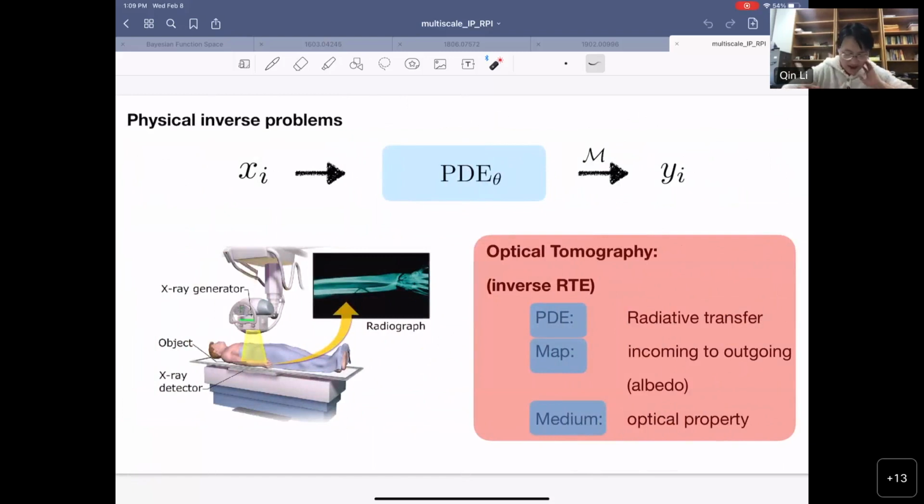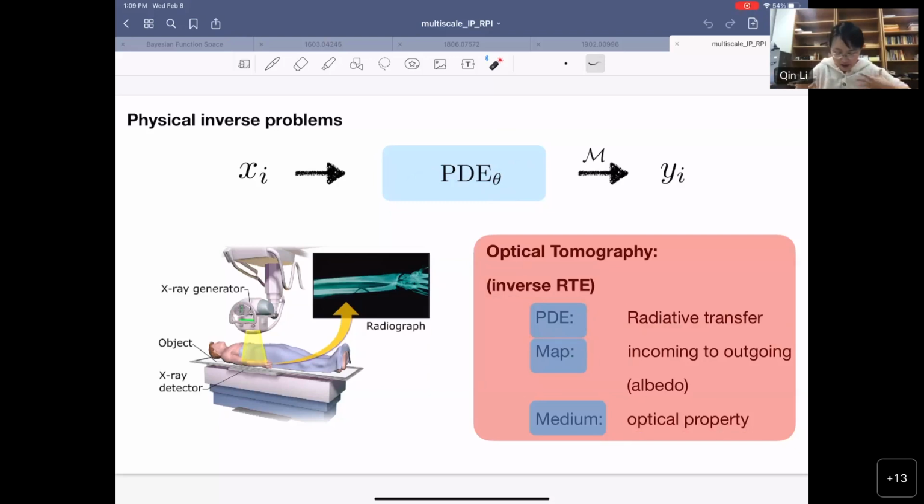Okay, so the second inverse problem is called optical tomography, and the mathematical version for it is the inverse radiative transfer equation. So the underlying PDE or the forward model is a radiative transfer equation. This unknown parameter theta is the optical property. Usually it's either the absorption coefficient or the scattering coefficient in your human body.